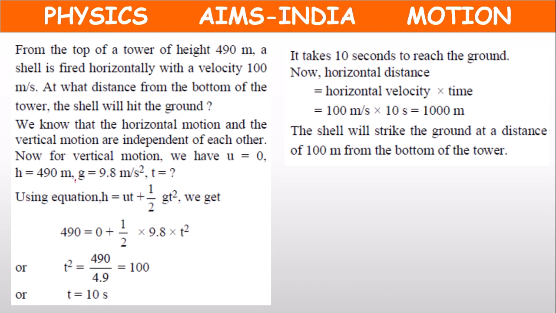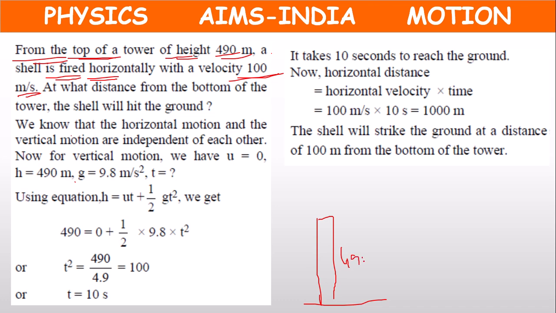Next one. From the top of a tower of height 490 meters, a shell is fired horizontally with a velocity of 100 meters per second.